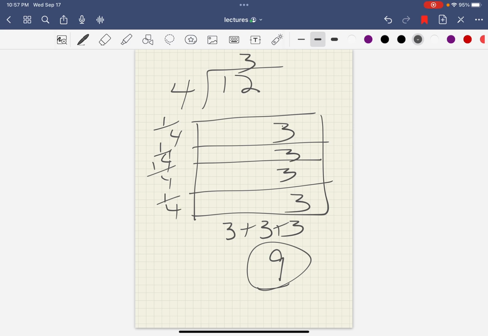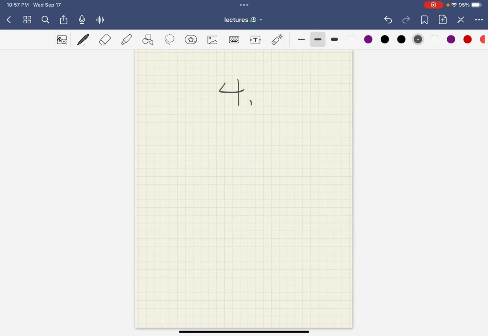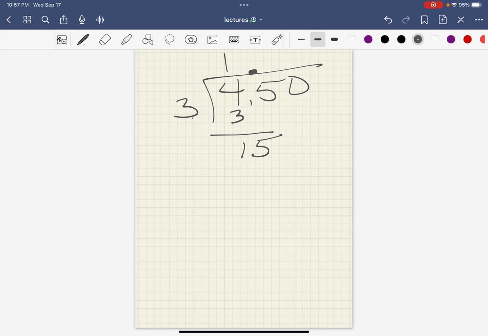Okay, the next one is 2/3 of $4.50, so we would divide that into groups of 3. $4.50 divided by 3. Bring the decimal straight up. 3 goes into 4 once. 3 goes into 15, 5. Okay, so each third is $1.50.